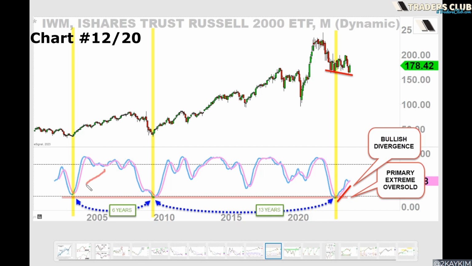Look at this: the 2003 low, after the dot-com bubble crash, and the 2009 financial crisis low. How many people are thinking, if I coulda, shoulda, woulda bought that 2003 low, I would have been so rich. If I coulda, shoulda, woulda bought that 2009 low. Well, you didn't, because most people are extremely scared.